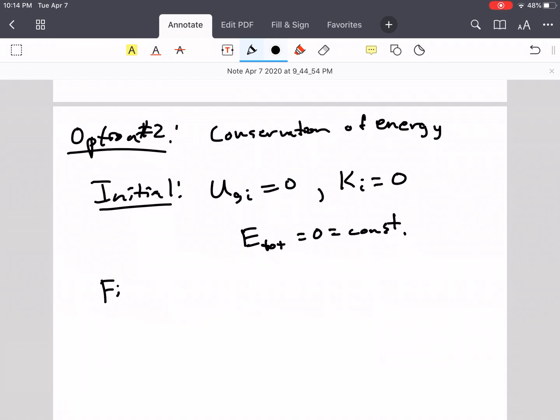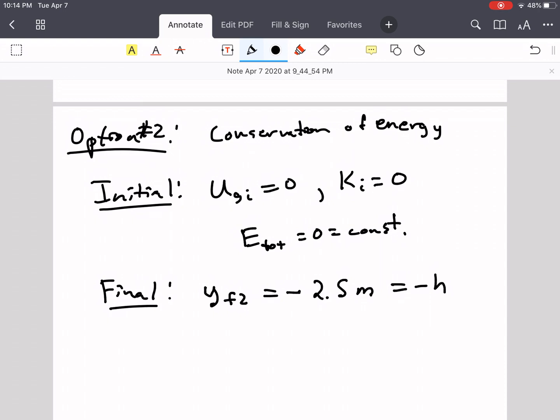Let's talk about the final state. This part of the problem asks what happens after the 10 kilogram mass, block 2, falls down by 2.5 meters. So at the end of the day, the final y value of block 2 is negative 2.5 meters, and since I like to introduce symbols, I'm going to call this negative h.